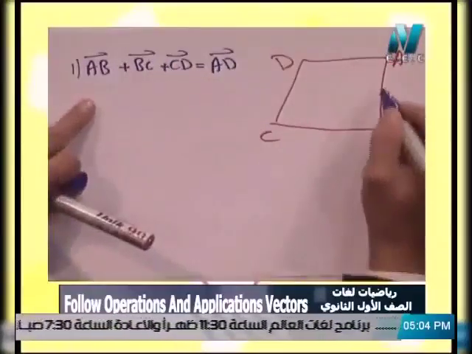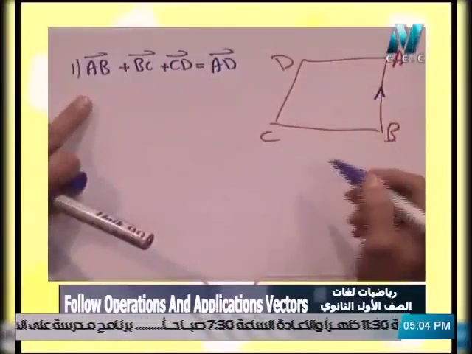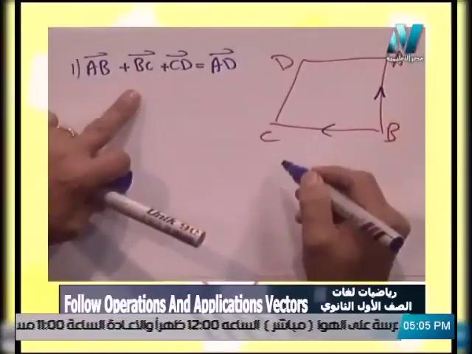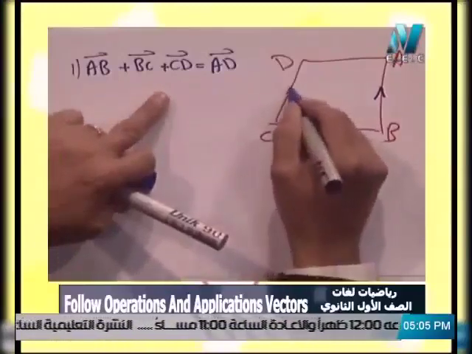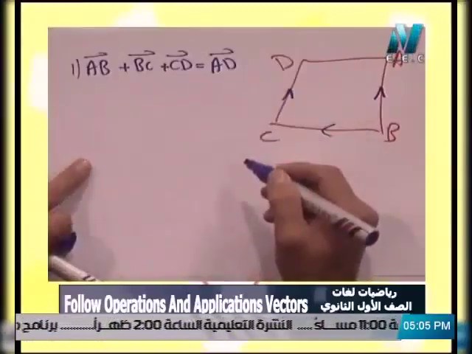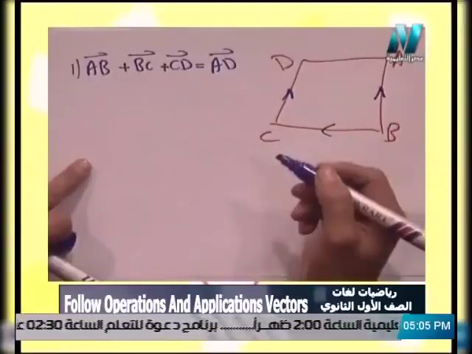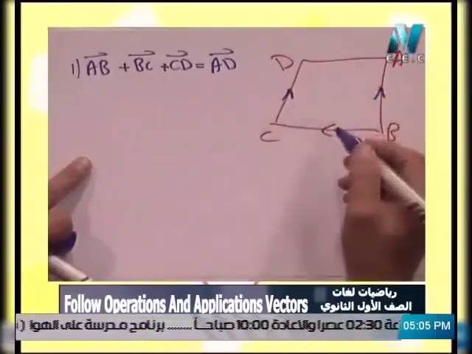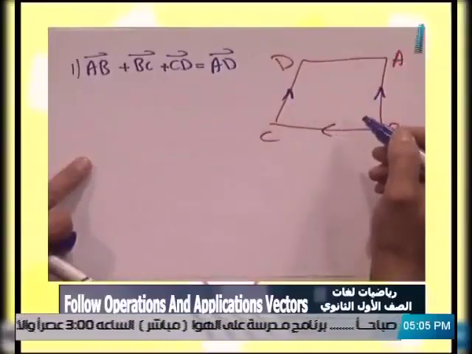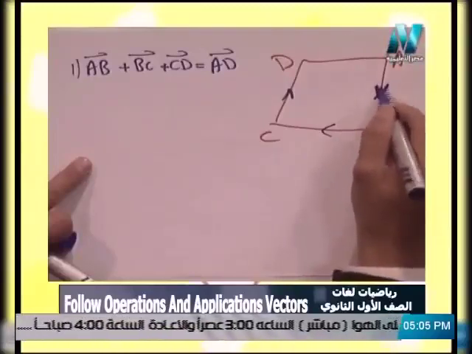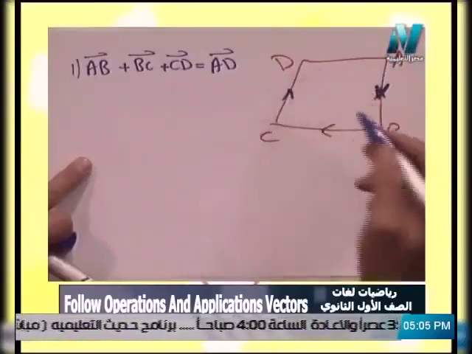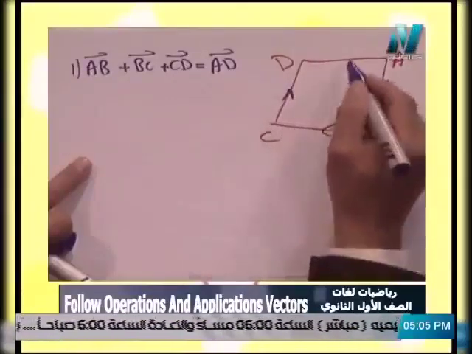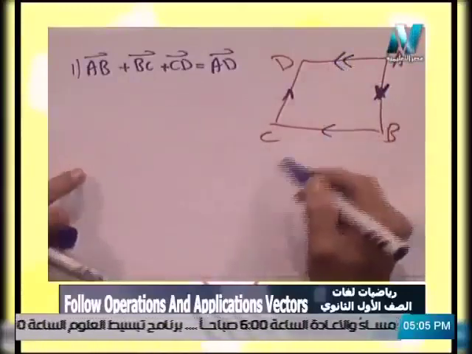Where is AB? AB starts from A to B. BC is this one, and CD is this one. We want to prove that the sum of all of these vectors equals the vector AD.